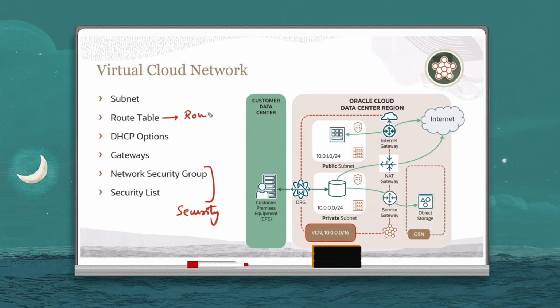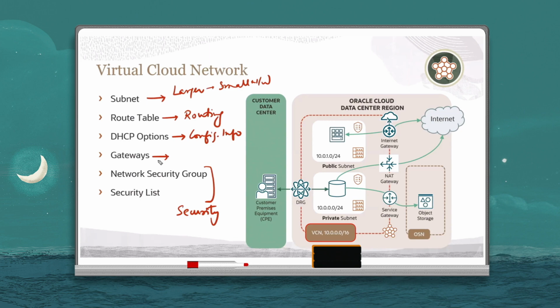This is related to routing. This is related to dividing a larger network into smaller networks. This DHCP options is basically related to configuration information.